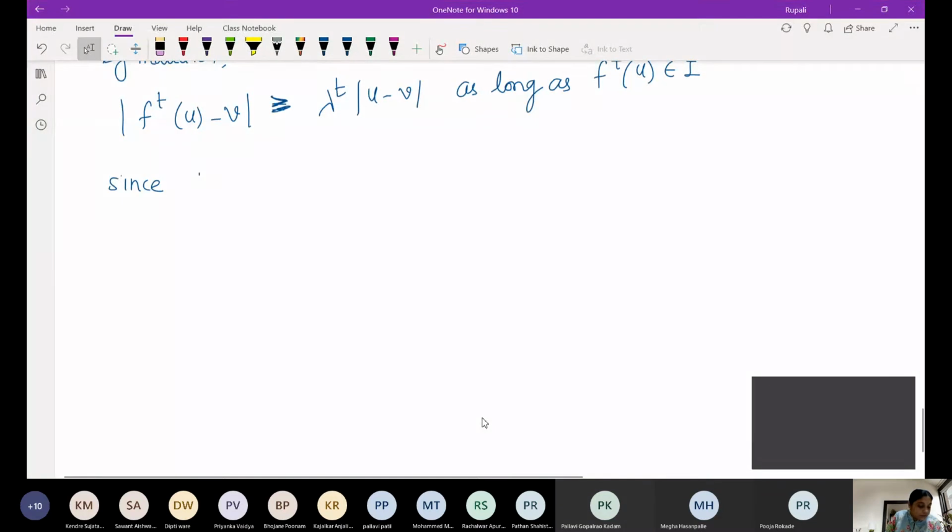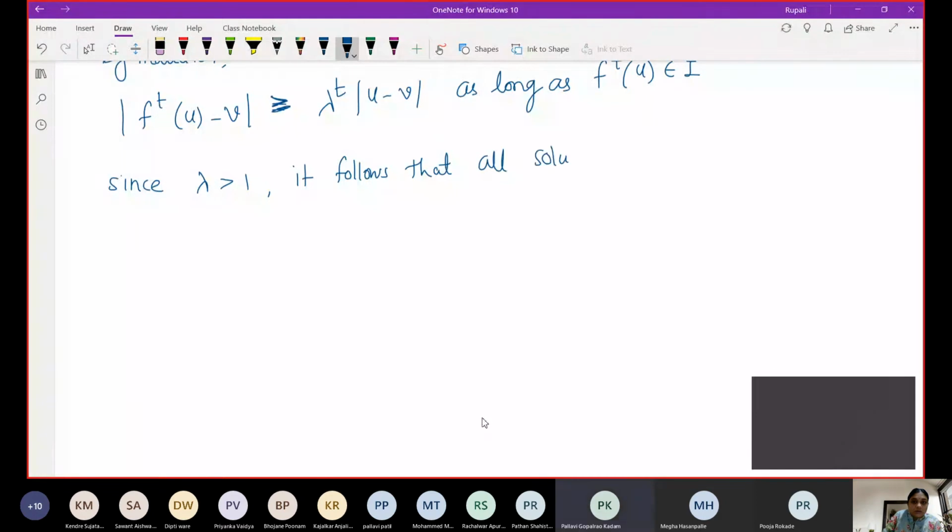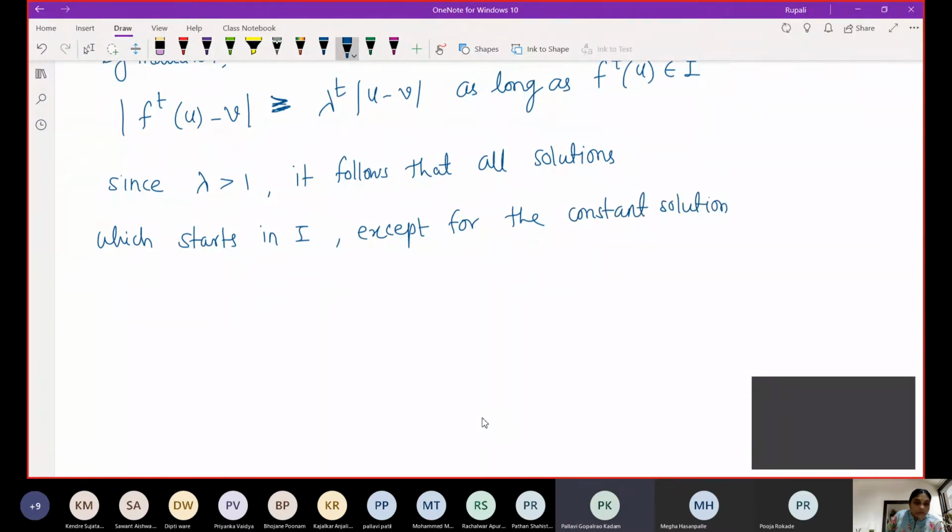Since lambda is strictly greater than 1, it follows that all solutions which originate in I, which start in I, except for the constant solution, u at t to v must leave I for sufficiently large t.